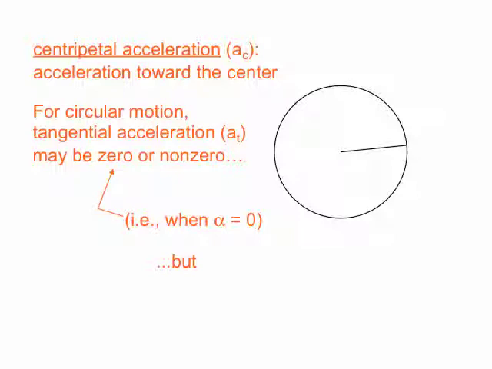Centripetal acceleration is acceleration toward the center. It is part of what causes what we know as gravity. It's not everything with gravity, but it's a big part of gravity. So for a circular motion, tangential acceleration may be 0 or non-zero.